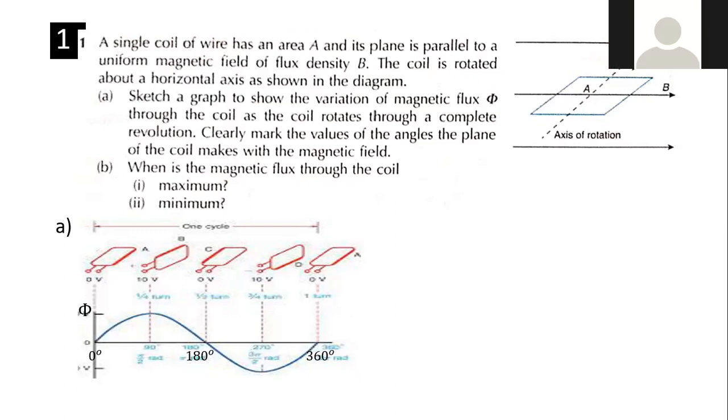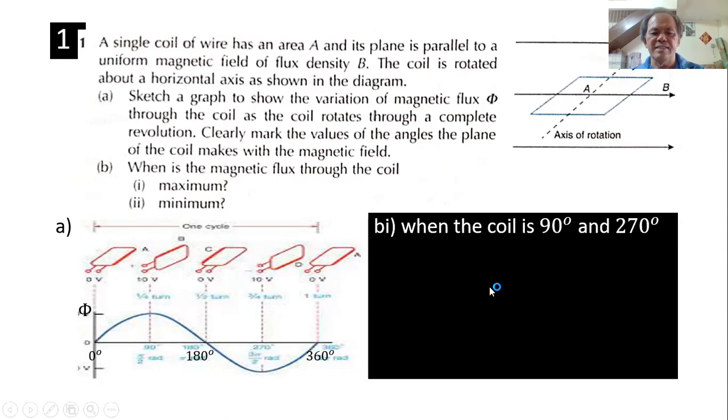Theta equals 90 degrees. What is the answer? They give you area A, flux density B, so they want you to give an answer. A sine 90. Yeah, BAN, single coil, N is 1.